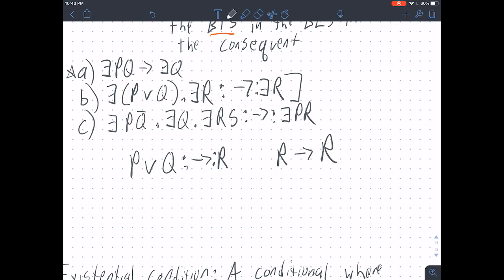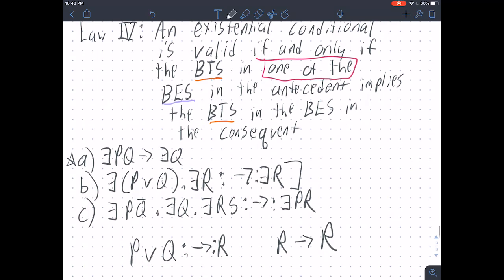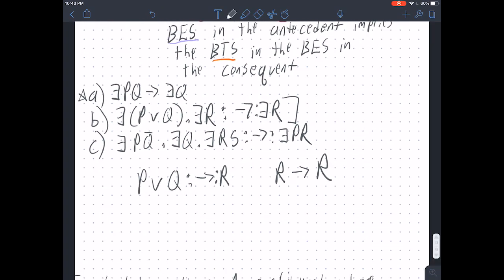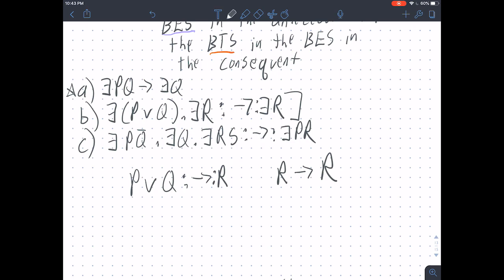And if at least one of these comes out valid under truth value analysis, at least one of these two conditionals, then the whole existential conditional is going to be valid. This one will not come out valid. I don't have space to do the truth value analysis, but I promise that it won't.